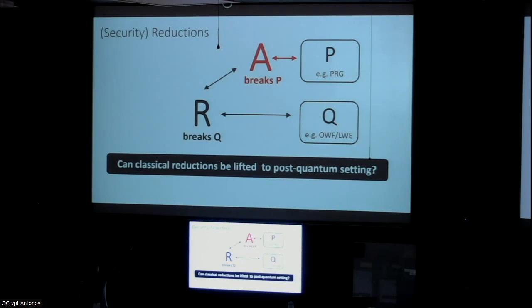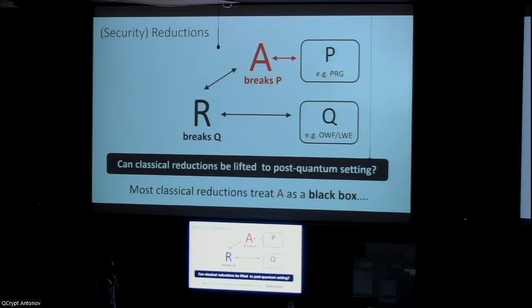Let's consider classical reductions, so classical proofs of security, but for assumptions that we believe to be post-quantum secure. Can these classical reductions be lifted to the post-quantum setting? Do they still hold if the adversary A is quantum? That's the question we ask. Any questions about the setting?